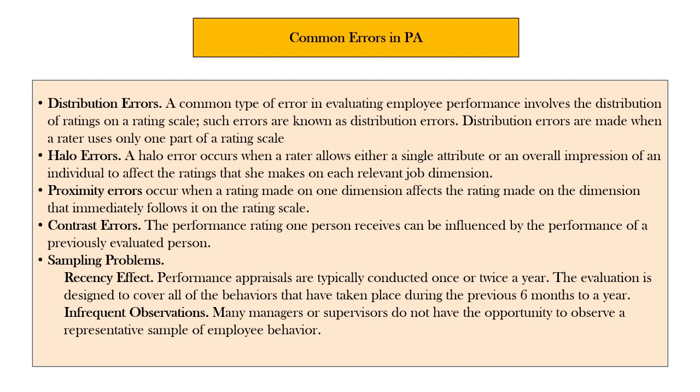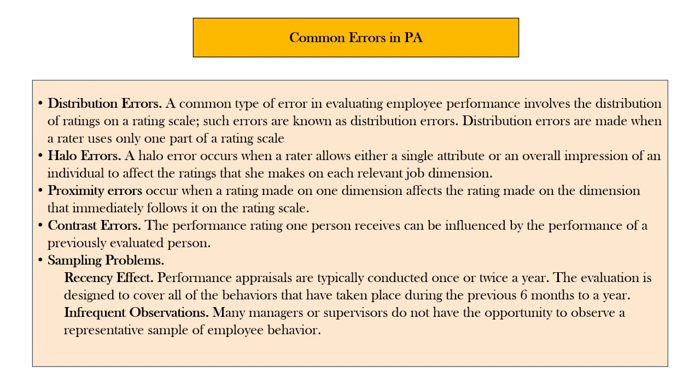When we say leniency, we give higher scores to employees. When we say central tendency, we give the average score, and for strictness error, we give low scores. Okay, these distribution errors are made when a rater uses only one part of a rating scale. Okay, isa lang ang ginagamit niya na criteria either in rating.